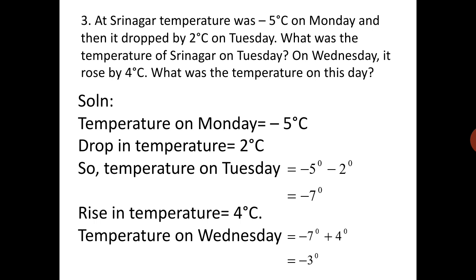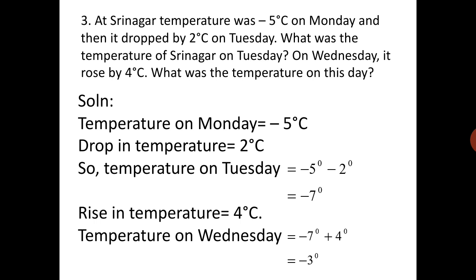The next part of the question: on Wednesday it rose by 4 degrees Celsius. Children, on Tuesday the temperature was minus 7. From here the temperature is rising. Rising, that is more. If it is more, we have to add. So to find the temperature on Wednesday, we start with Tuesday's temperature, minus 7 degrees Celsius, and it is now rising, so it is plus 4.